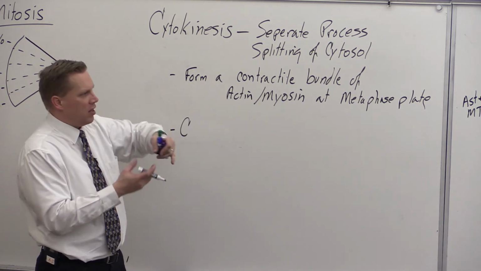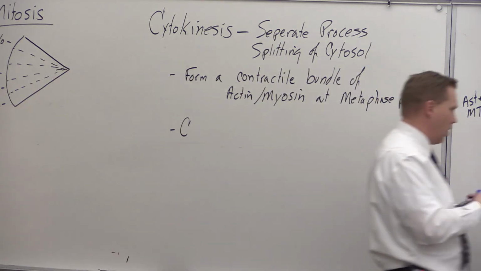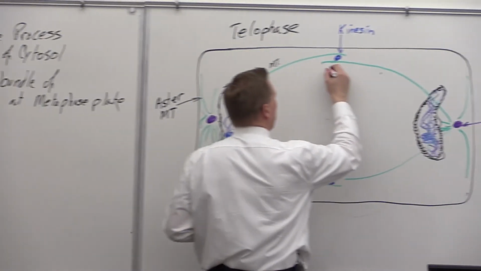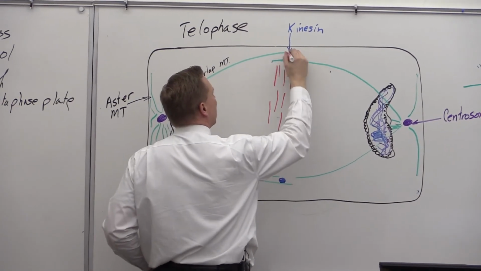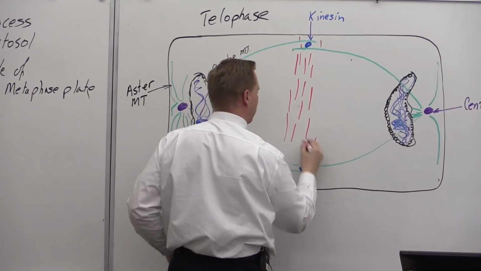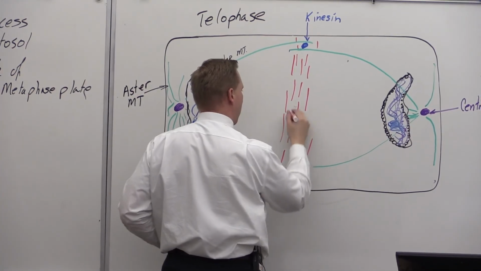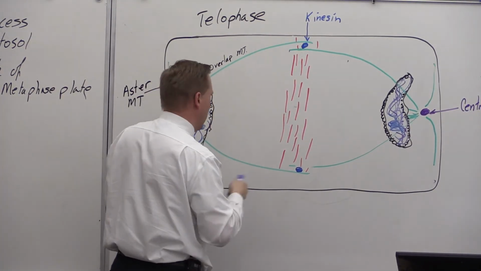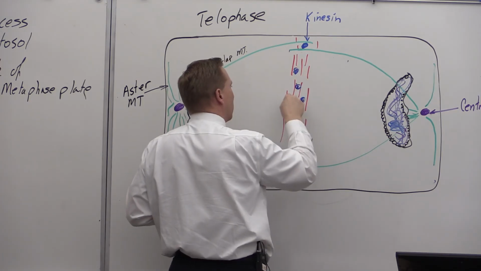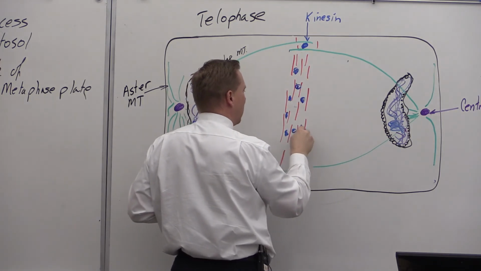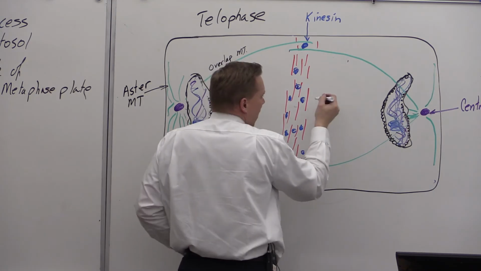And in fact, what we're going to do is right along here, so they form at the midplate, sort of like this. So here's the actin filaments that form. And then you get this myosin motor protein, and it starts to act just like a muscle.